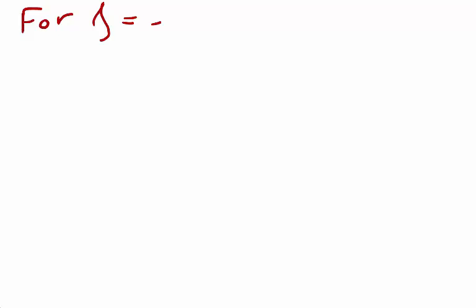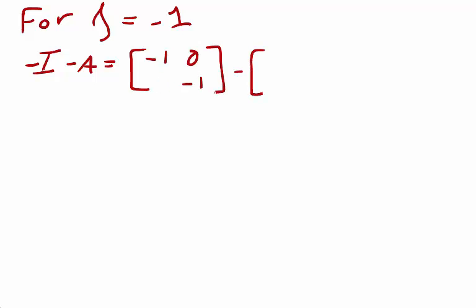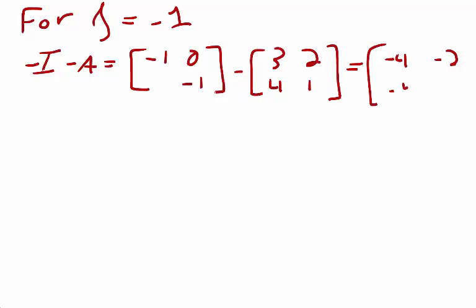So when lambda equals negative 1, we have negative I minus A equals the identity matrix multiplied by the scalar negative 1 minus our original matrix A, which equals negative 4, negative 2, negative 4, and negative 2.